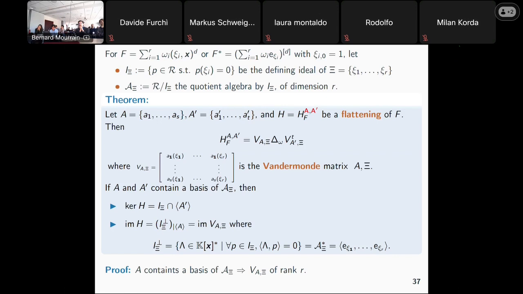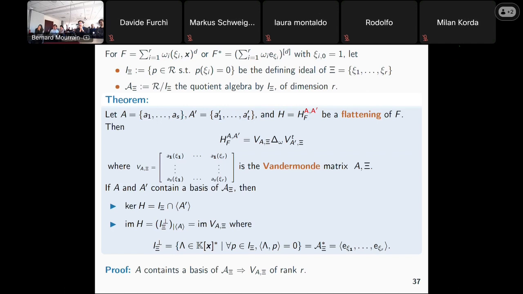A sigma is a quotient algebra, and we assume here that A sigma has a basis which is a subset of A or A prime. Then the kernel of this operator is in fact the ideal of polynomials vanishing at the roots intersected with the space spanned by A prime.